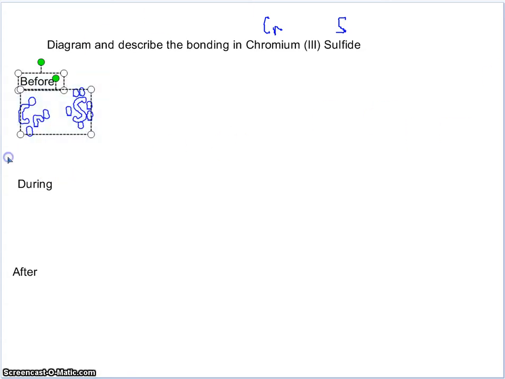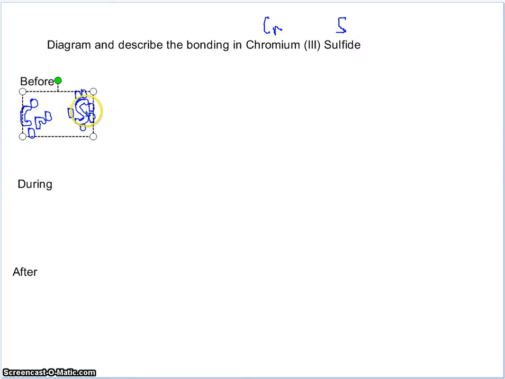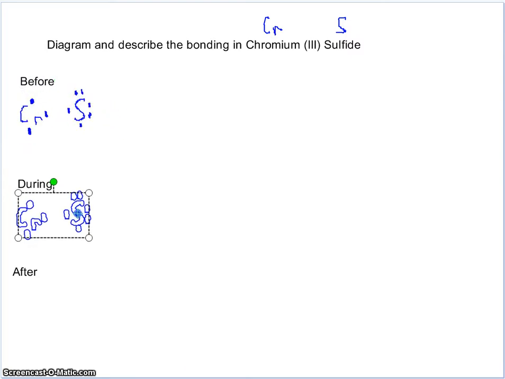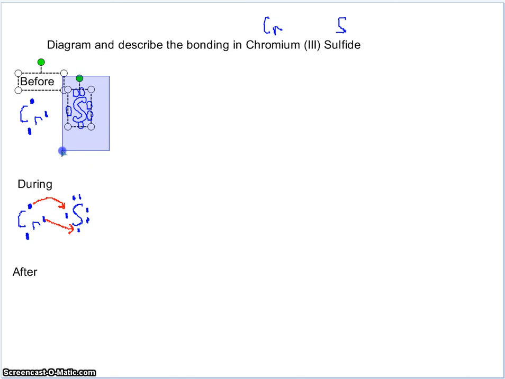And then the during. I know chromium is going to give up its electrons to sulfur, so it's going to give one here to sulfur and then one here. And then it looks like I need another sulfur, because the chromium still has one even though the sulfur has a full octet.